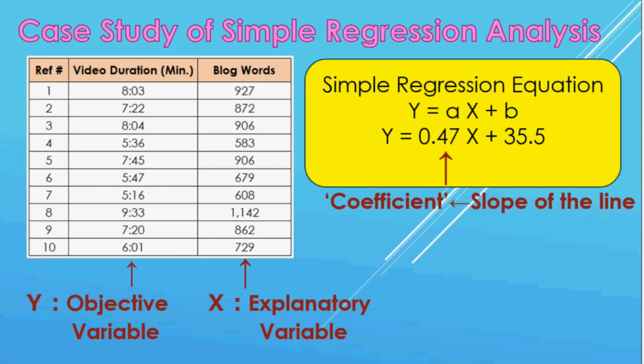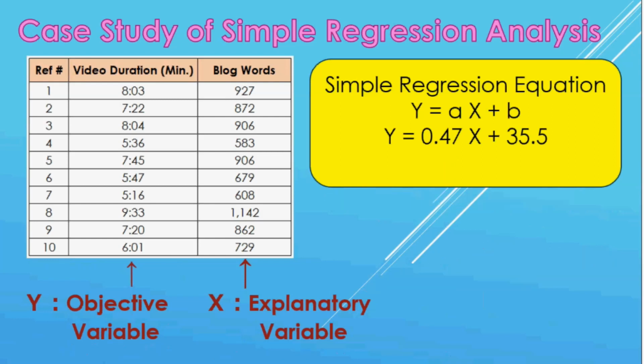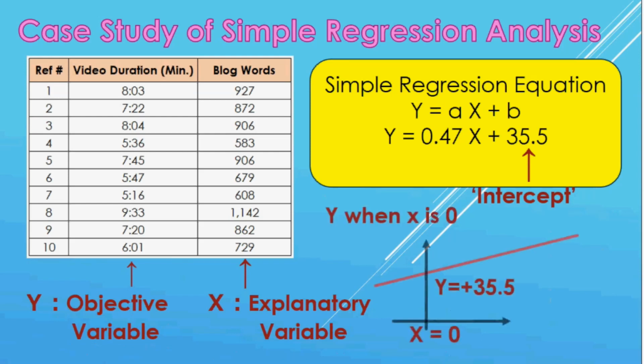The 0.47 portion is called a coefficient and represents the slope of the line of the regression equation. For my equation, if x increases by 1, y increases by 0.47. Also, the plus 35.5 portion is called an intercept and represents the value of y when x is 0.